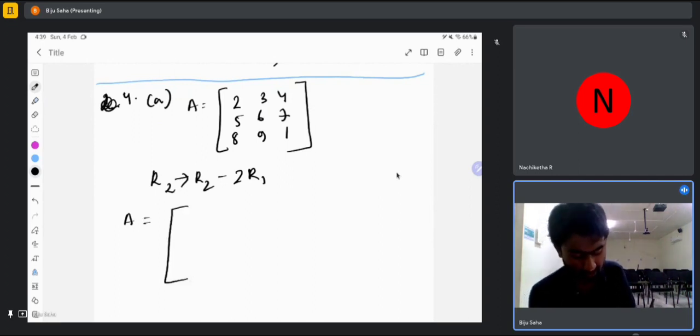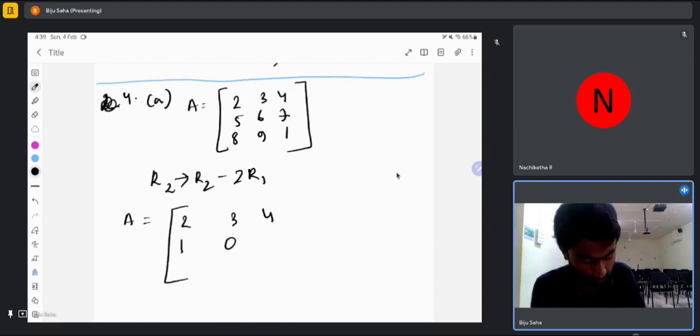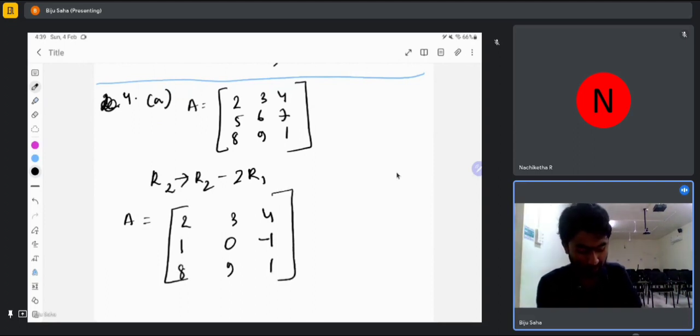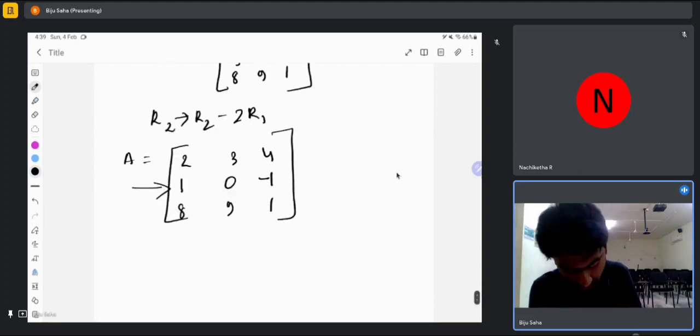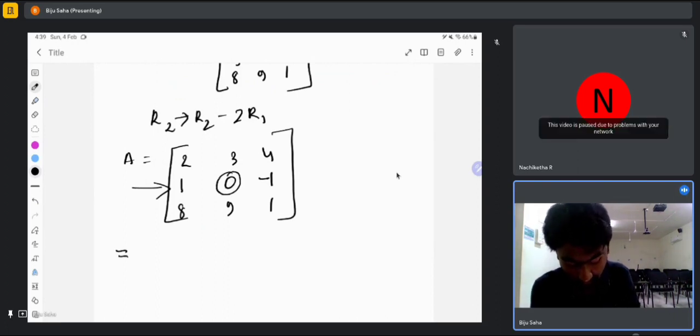Given this row operation, the matrix modifies as: 5 minus 2 into 2, 4, that is 1. So this one becomes 0 and this is minus 1. Right now you can expand along this row, and the contribution from this particular element would no longer exist.